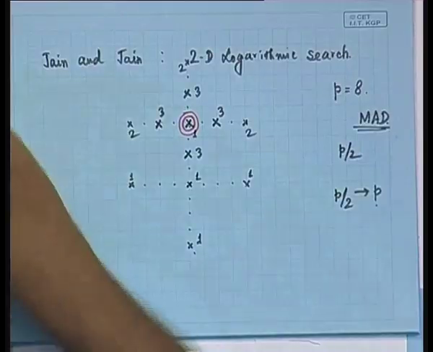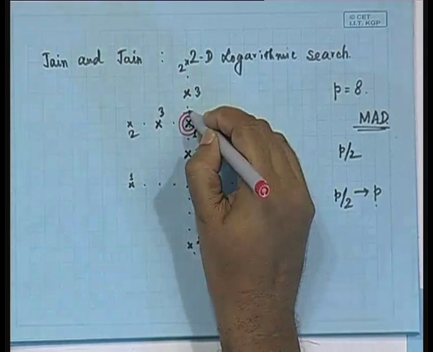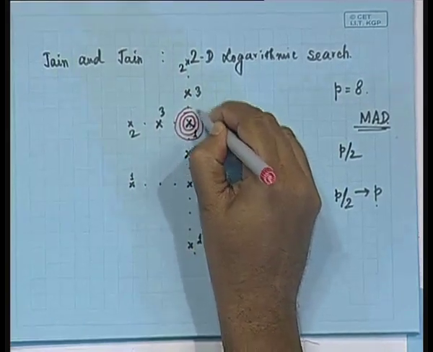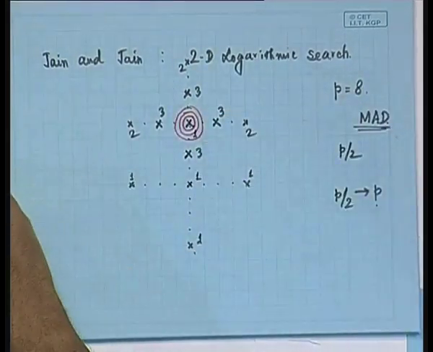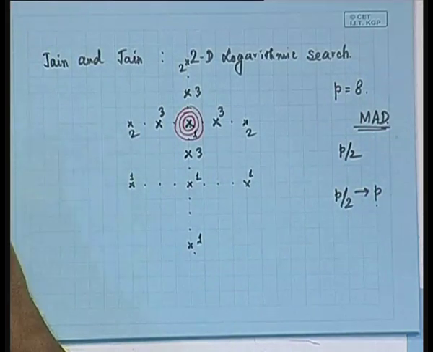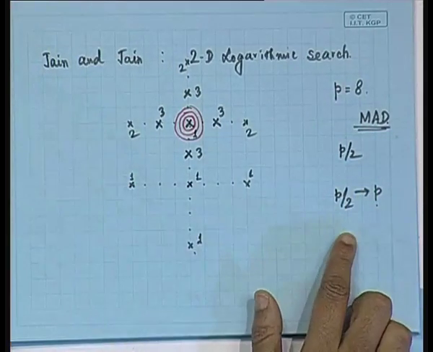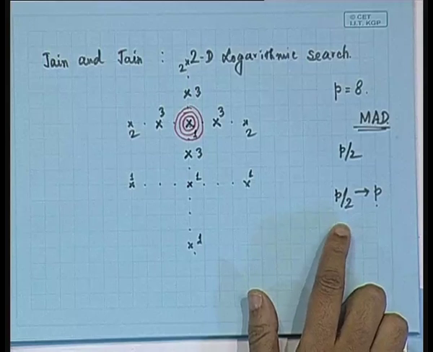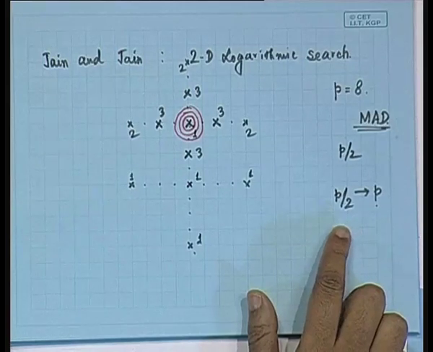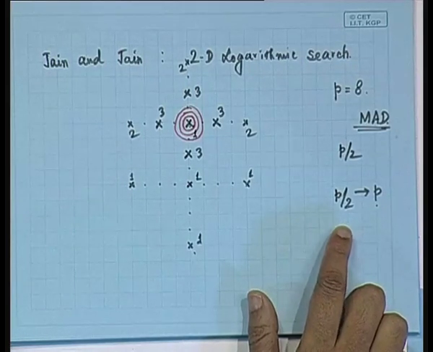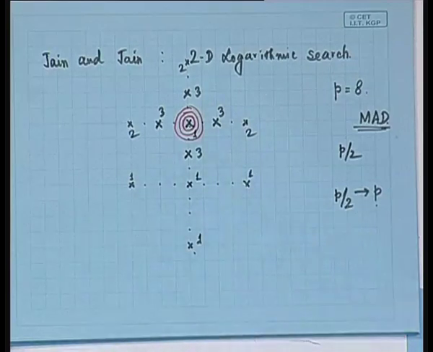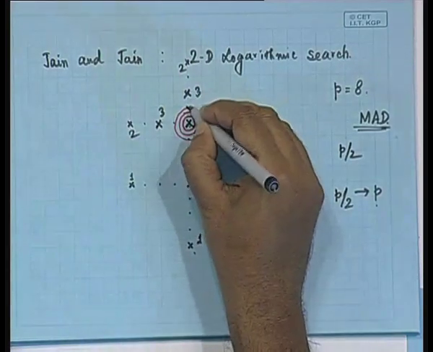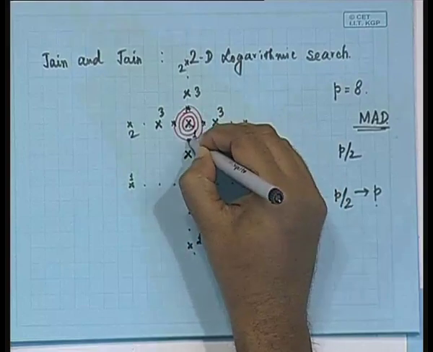So if for the third iteration also this is the position of the minimum, my step size gets halved further and becomes p by 2 equal to 1. Then in the fourth iteration I must search this one, this one, this one, this one.